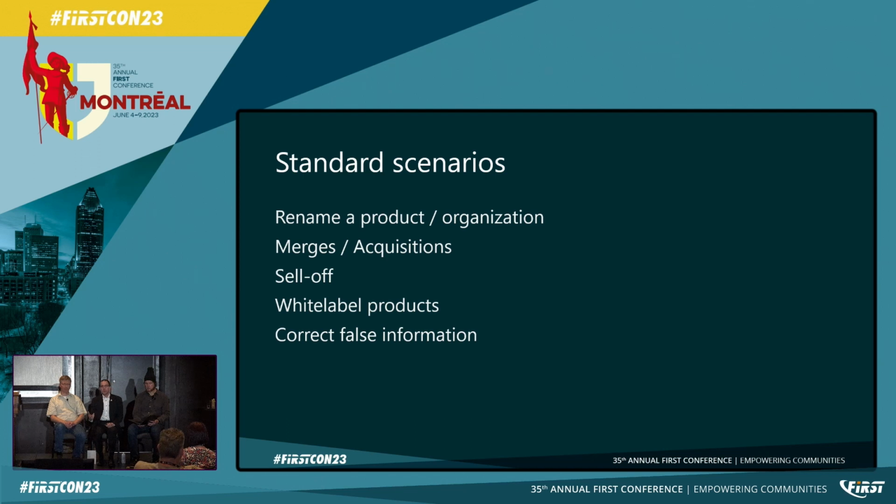I purchase something that is exactly the same thing that another company sells, but I just put my logo on it. And how do I correct false information? Since we know humans are error prone, all the things that we do might not be bug free. So there might also be false information in unique product identifiers.